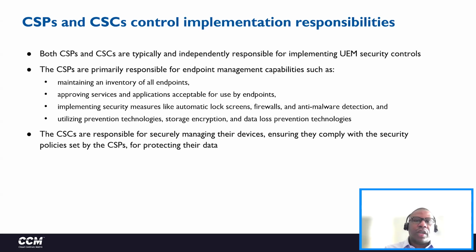They have to approve services and any applications that are acceptable. They have to implement security measures, like we talked about, automatic screen lock, DLP, data loss prevention technologies. And the cloud service consumers, which is us or you, are responsible for securely managing those devices, ensuring that you comply with the security policies that have been set up by yourself as well as the cloud service provider, to ensure that your data is protected at all times.